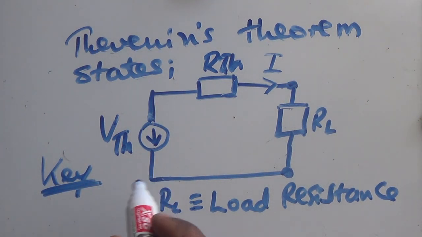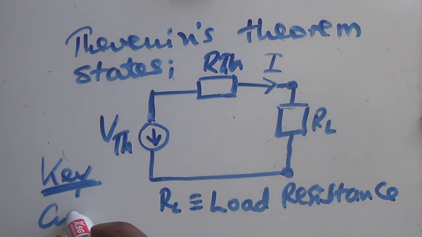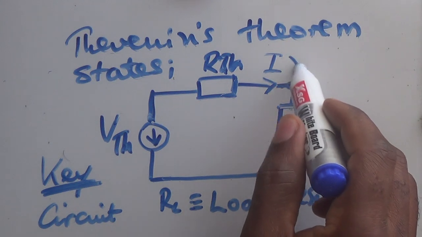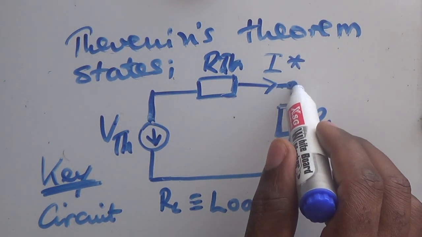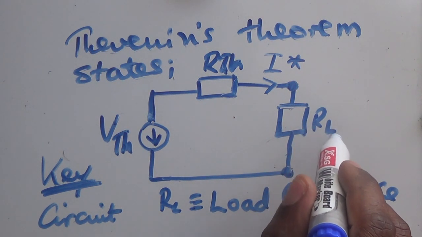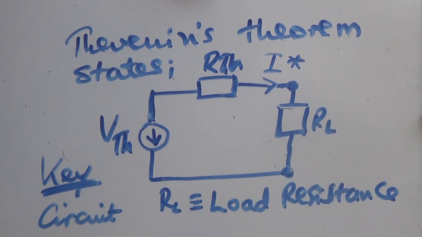Within a circuit where they would have told you to find the current I, that part will be the load. That resistance that they would be asking you to find the current through is the one you are going to consider as the load. And once you consider that as the load, then you know that you are going to find out these other parts.